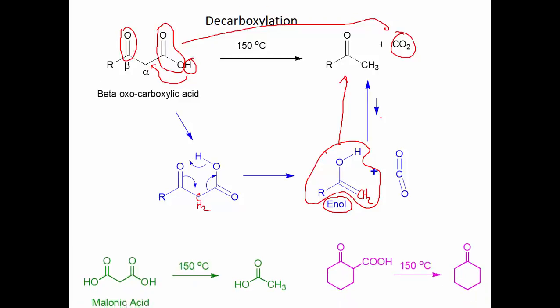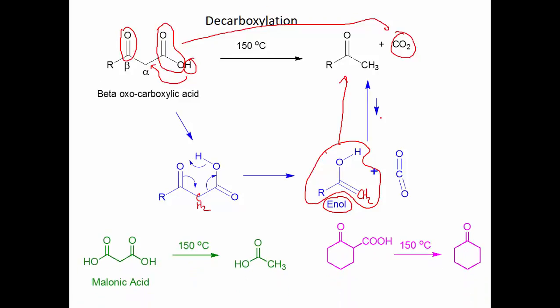Okay, let's look at some sample equations. This is malonic acid, a very important acid in biology, and at 150 degrees it readily decarboxylates to give you acetic acid. It doesn't matter what type of carbonyl group you have, as long as it's in the beta position.